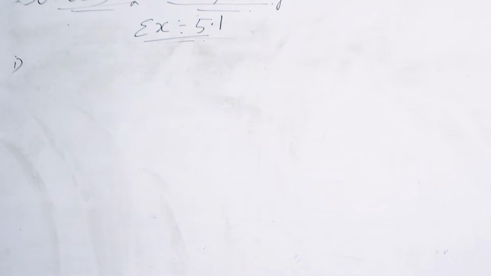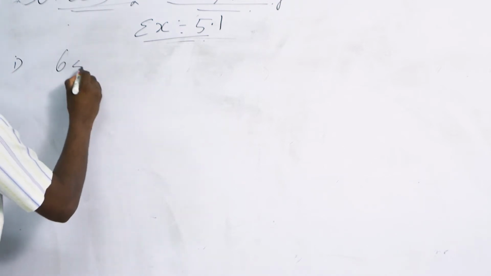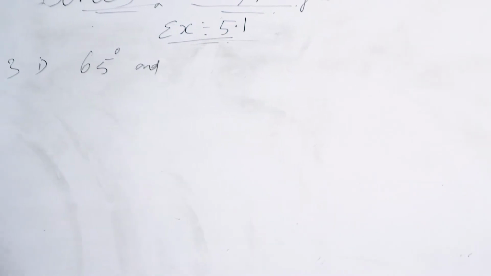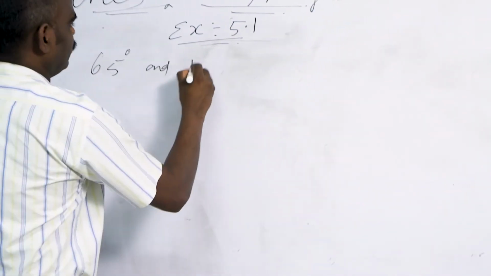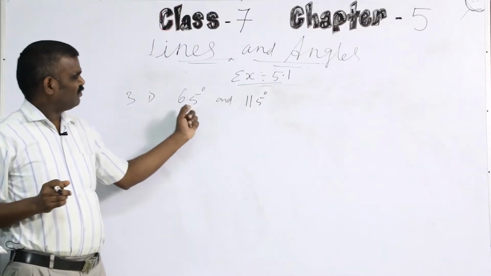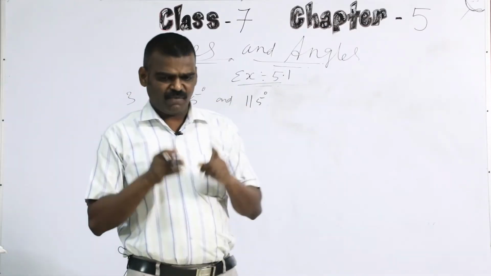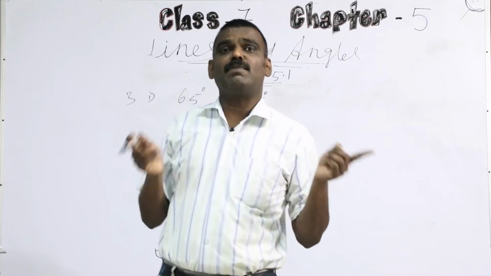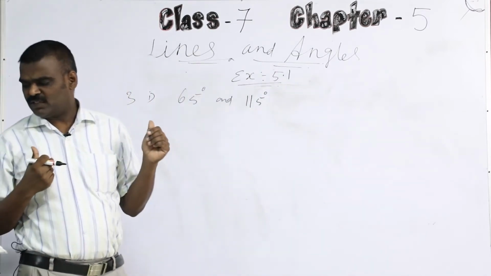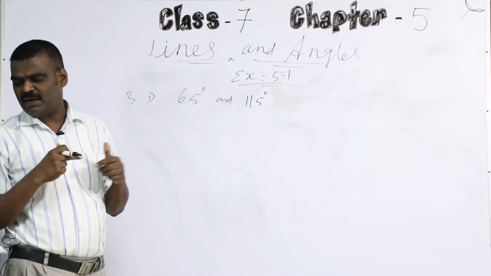Question number 3, 1: 65 and how much? 115. So these two angles, whether it is a complementary angle or supplementary angle, that's the question, okay? Identify which of the following pairs are complementary and which are supplementary.